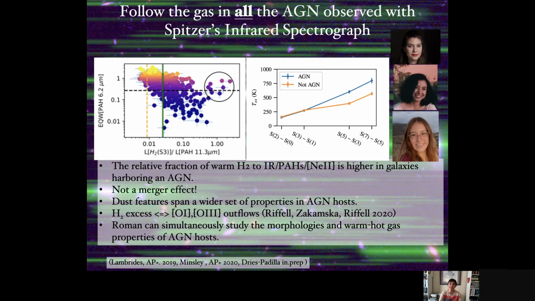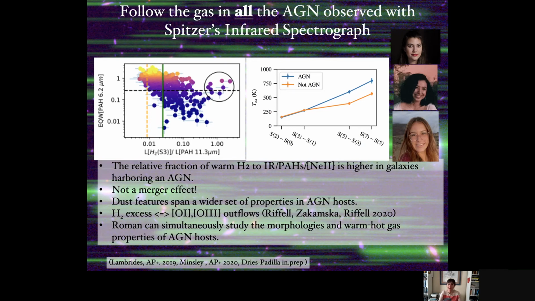So we took everything that the Spitzer infrared spectrograph observed, and we did the same study, and we find with very statistically significant certainty that AGN had warmer molecular gas, and that this was not an effect of the merger.